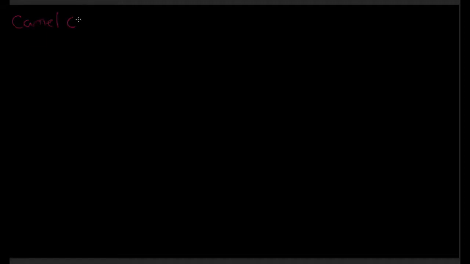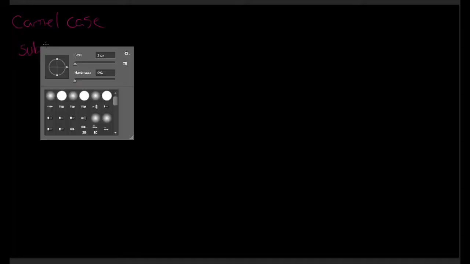In camel case, if I were writing words, you basically remove all your spaces. Let's do "sub to me on YouTube." Your first letter is small, so it would be "sub," and then you'd have an uppercase "To," "Me," "On," "YouTube."